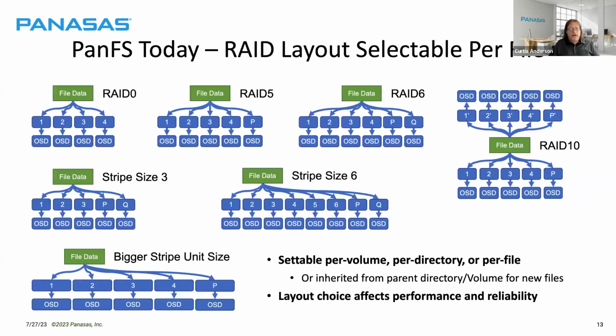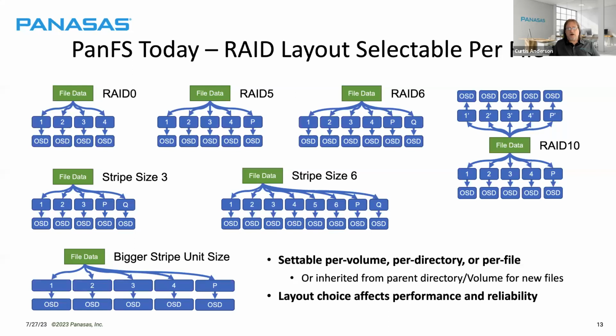Okay, so here's a different aspect of PAN-FS that relates to overall reliability. When you create a file, you can make a decision on any of these characteristics for that file. So I can say I want to write this file in RAID 5, or I want it in RAID 6. There are different performance and reliability characteristics to the two. We do RAID rebuild, RAID recovery per file rather than per drive.